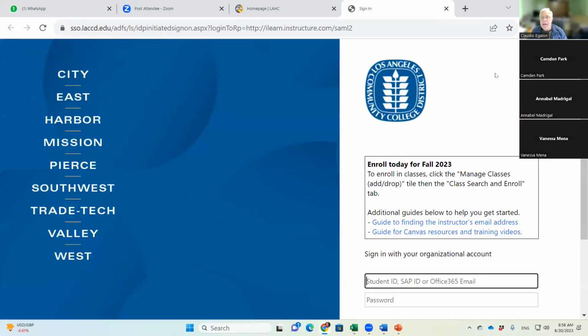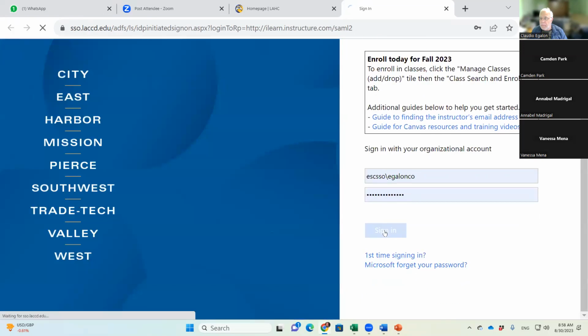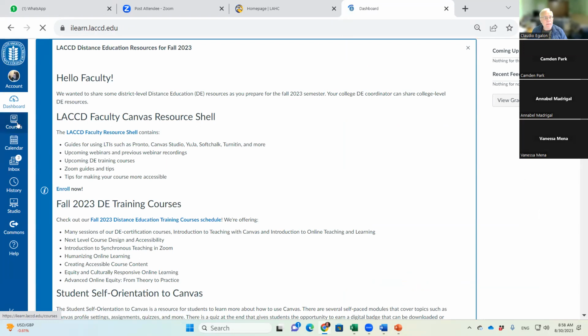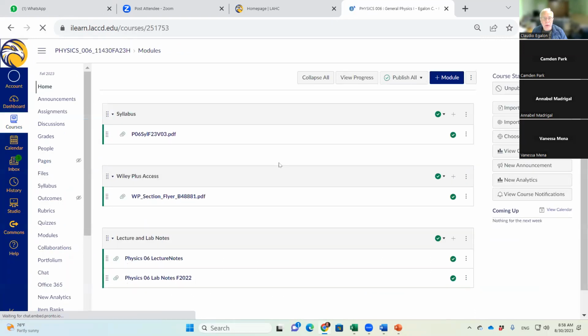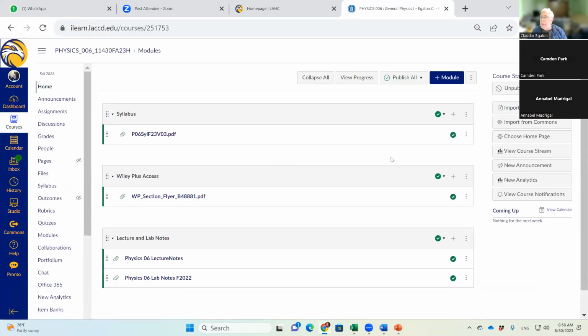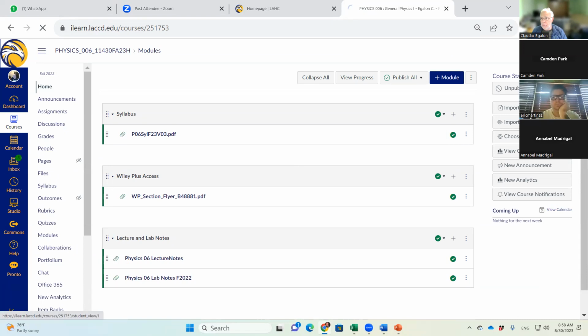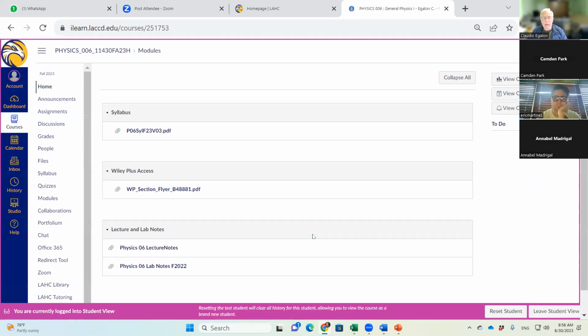Again, Canvas. Course. And that's Fall 2023, right? Okay, so that's the main page. The student view is going to look like that.